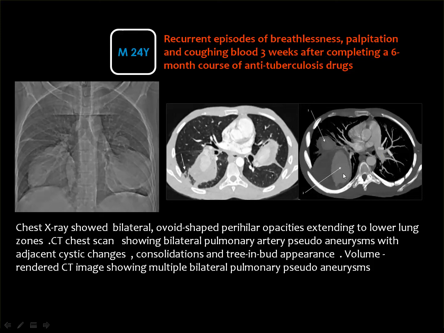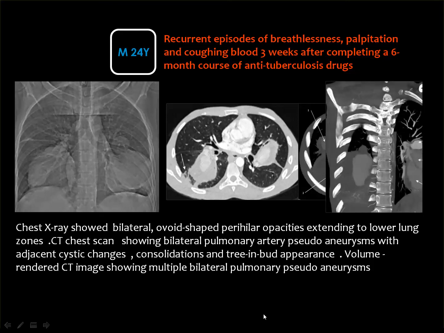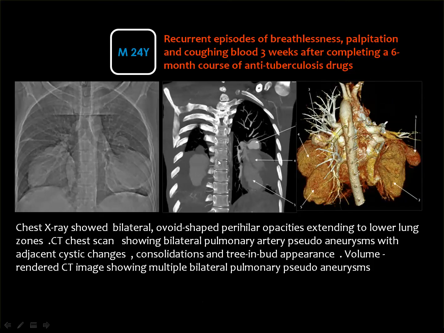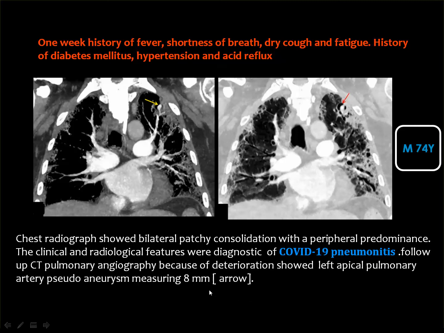The white circle represents the patent lumen, and the black circle represents the thrombosed lumen. Then this is the 2D coronal reformatted image, and the 3D reformatted image classically presents the multiplicity of the aneurysms.